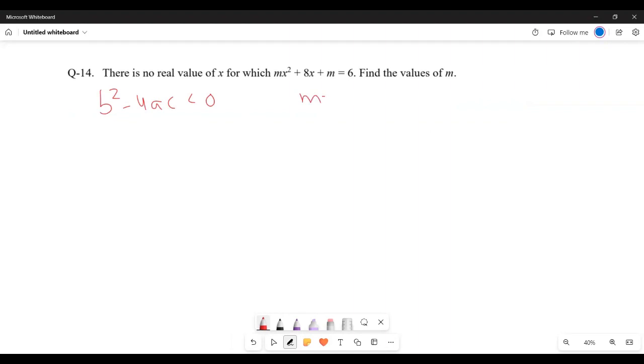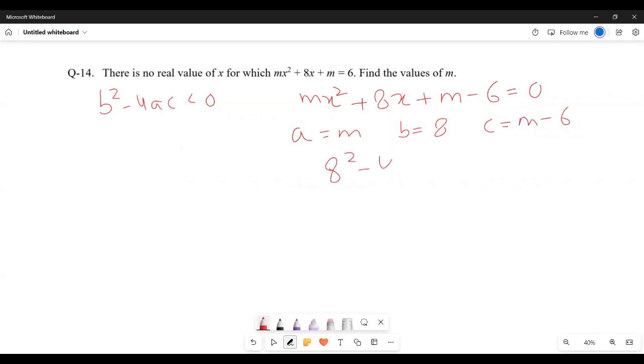So this would be mx squared plus 8x plus m minus 6 equals 0. a is m, b is 8, c is m minus 6. b squared minus 4ac is less than 0.